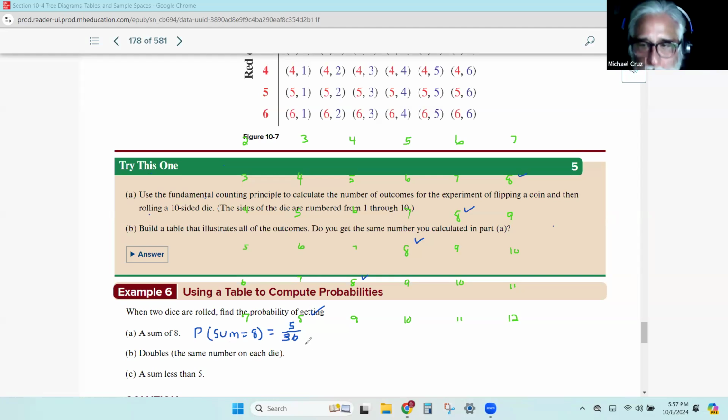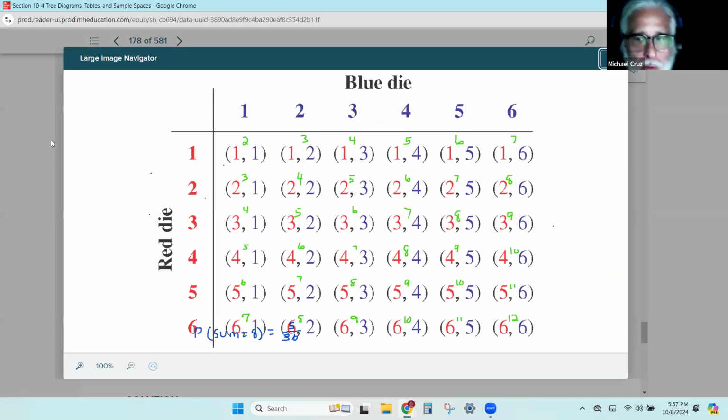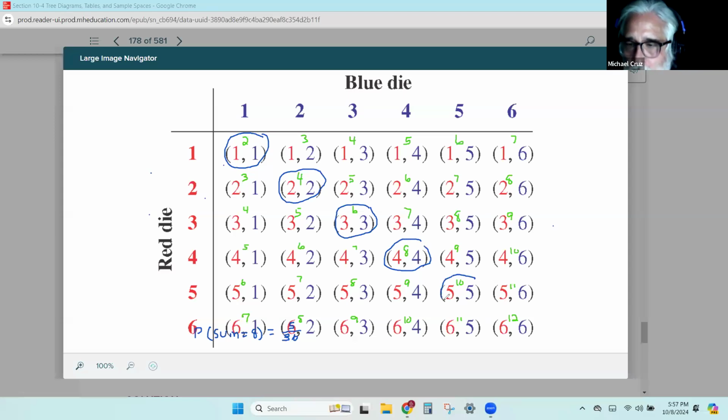All right. So the next one is doubles. So I'm going to find the ones that are doubles. Let me bring it back up here. There's a double, the snake eyes, we got double 2. We got double 3. We got double 4. We got double 5 and double 6. And how many is that? 1, 2, 3, 4, 5, 6.